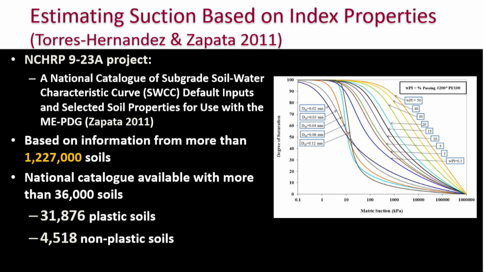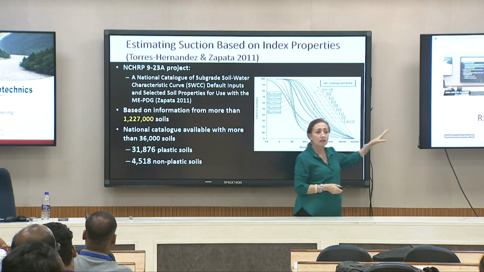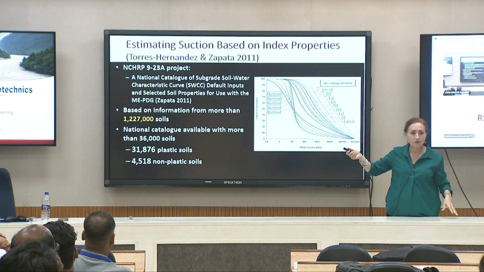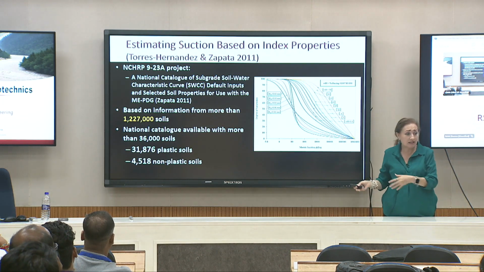Well, I went to the Natural Resources Conservation Service from the U.S. Department of Agriculture. If you figure out, the agricultural engineers and the agronomists have been using suction for 100 years. And that's what we get. Actually, that's what everybody got.